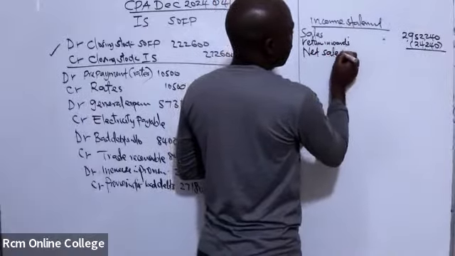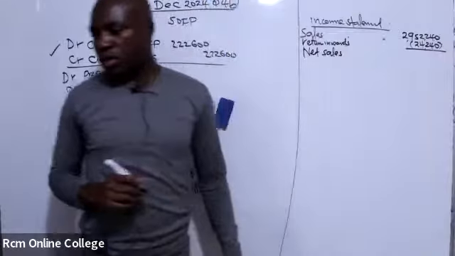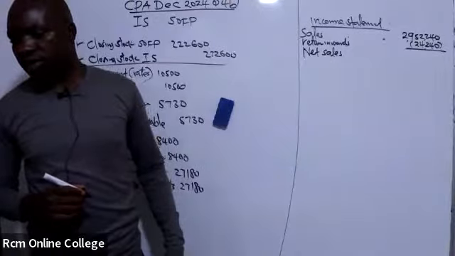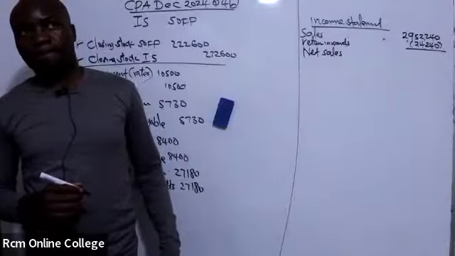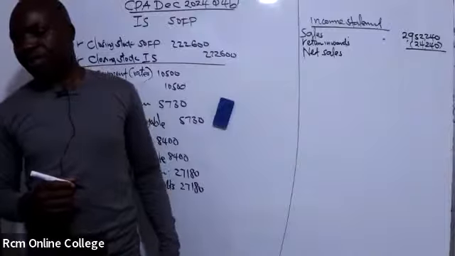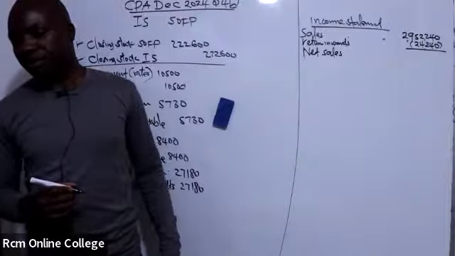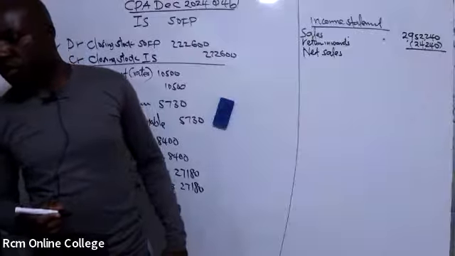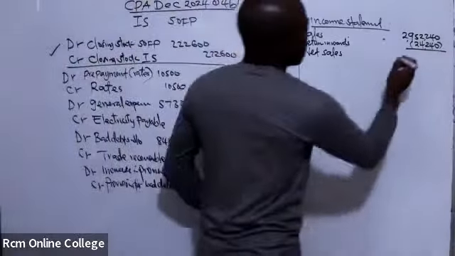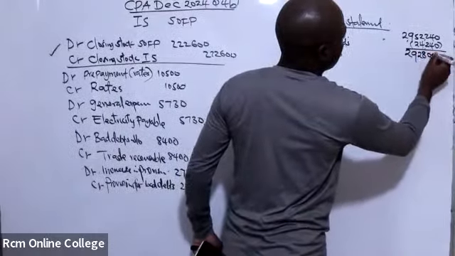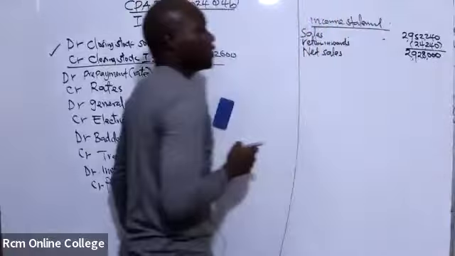Can we get the net sales figure now? Somebody to give us the net sales figure. 29,28,000. That is the net sales.